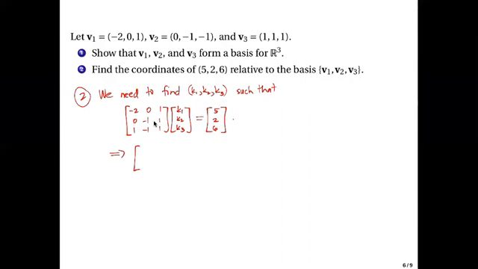That's one way. We need to find the inverse of this. Another way, maybe it's easier if we try to do the inversion here and try to find our k, our 5 to 6.